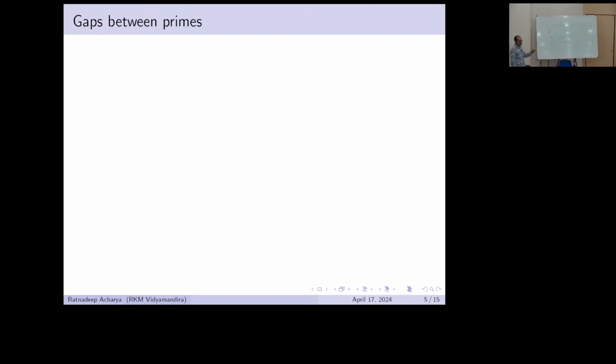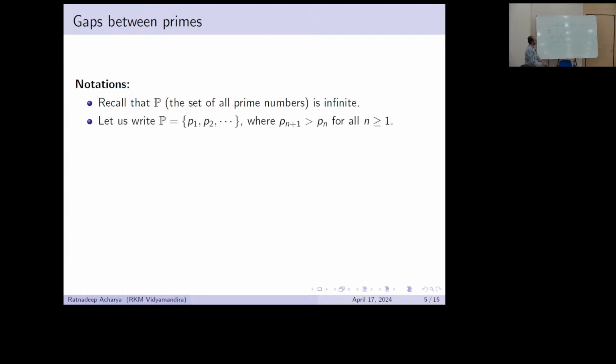So gaps between primes. Now let P be the set of all primes, and all of us know that P is infinite. There are infinitely many primes. At least we know one proof, Euclid's proof, right? So let us write the primes in ascending order, p1, p2, p3, etc. And we define d_n to be the gap between the nth and the (n+1)th prime, like this.